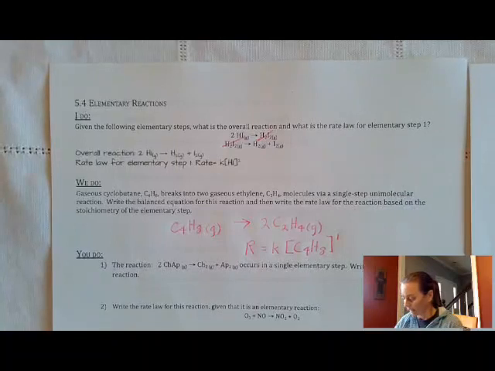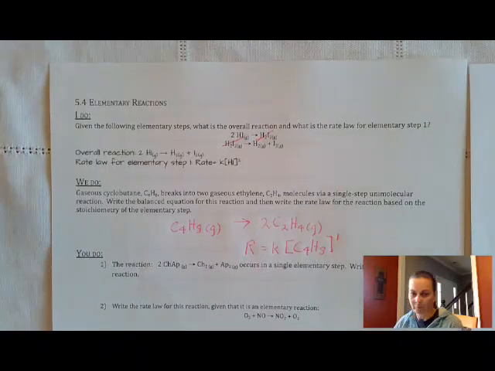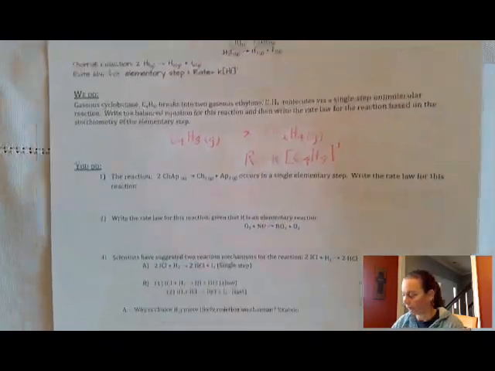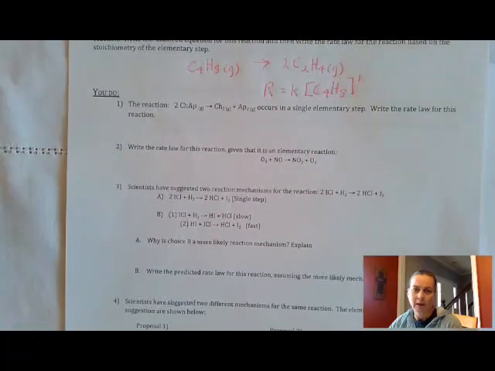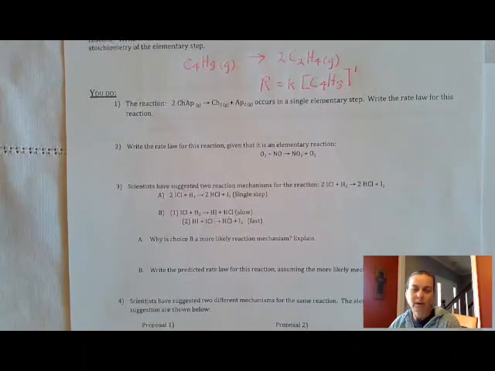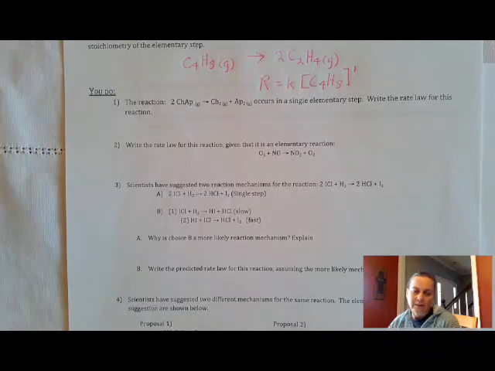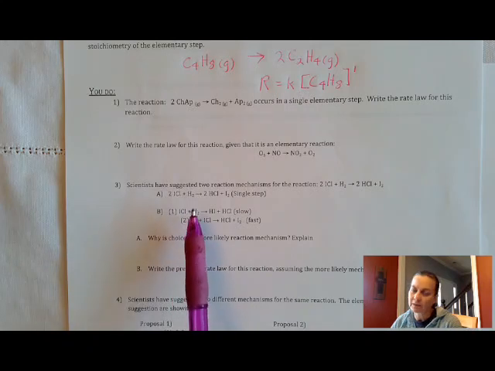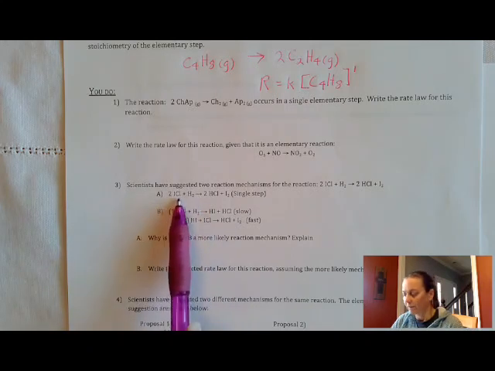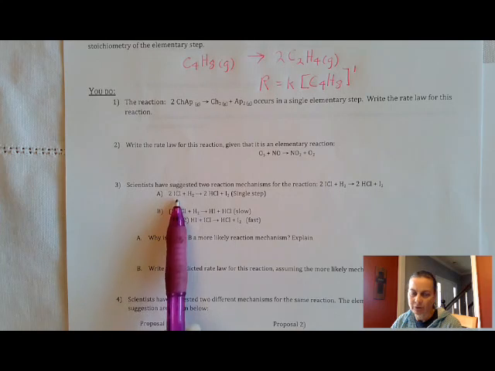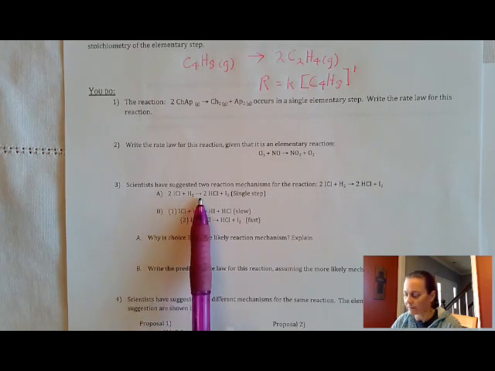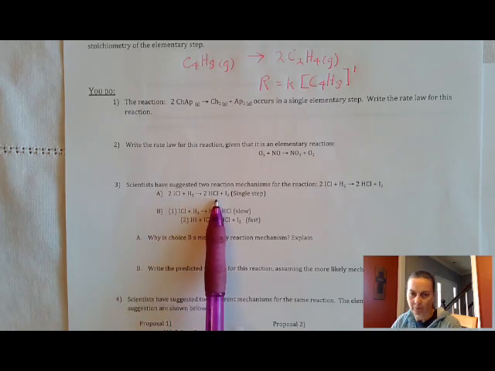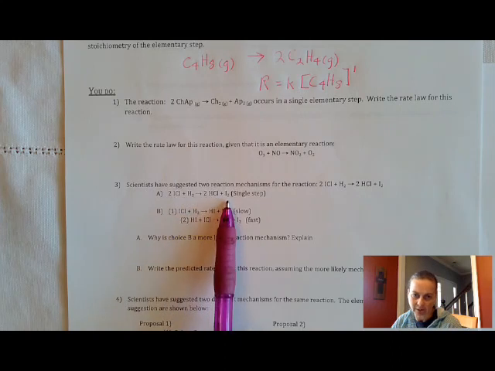I am going to go ahead and talk about number 3 here on the you do part. It asks us which is the more likely reaction mechanism. So what I want you to think about is just really common sense here. In reaction A, we have 2 iodine monochlorides reacting with 1 hydrogen to form 2 hydrogen chlorides and 1 iodine, and it assumes it happens in a single step.